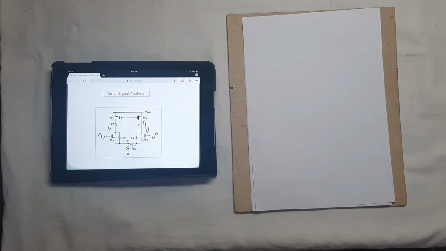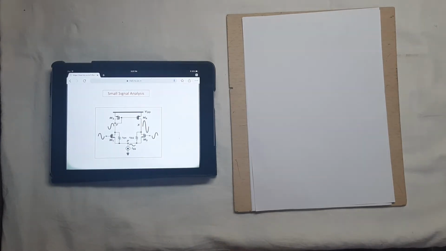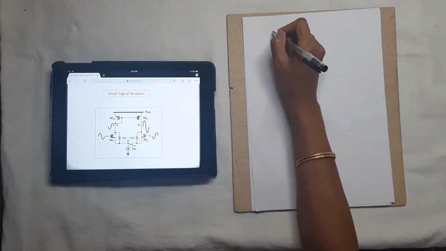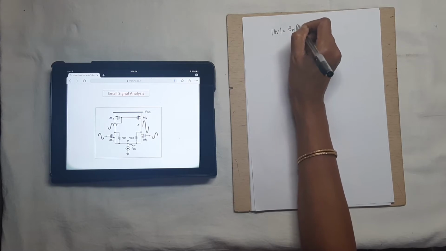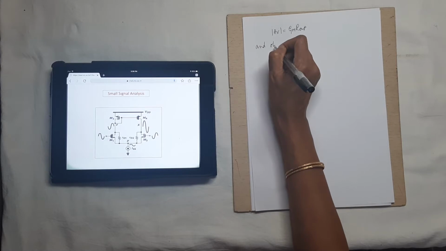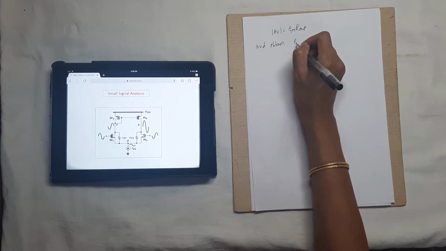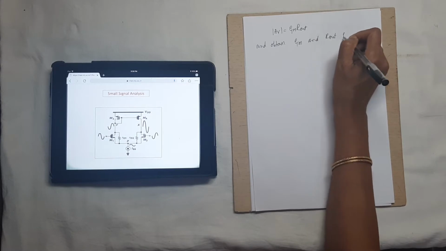Hello everyone. In today's session, we will see the small signal analysis of this differential amplifier. In this approach, we write Av is equal to Gm into Rout and obtain Gm and Rout separately.